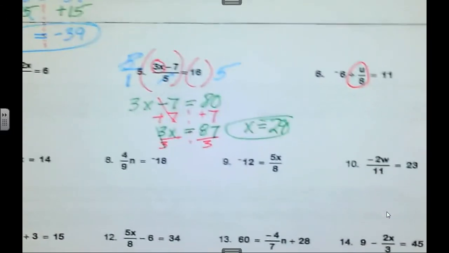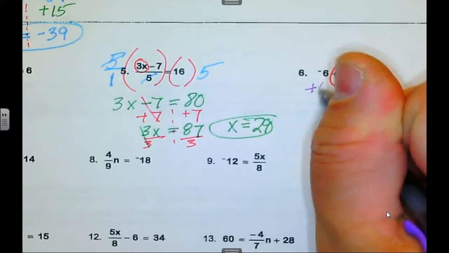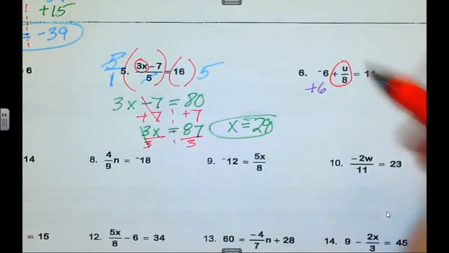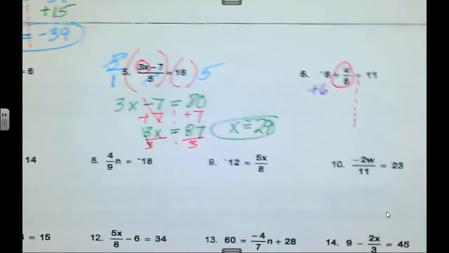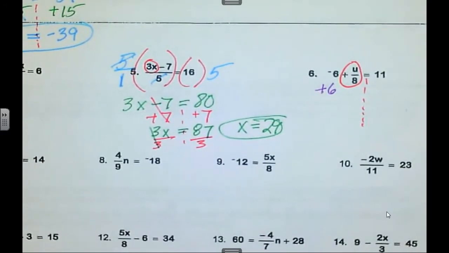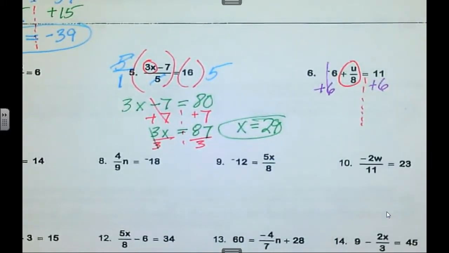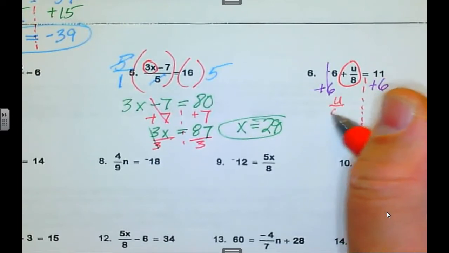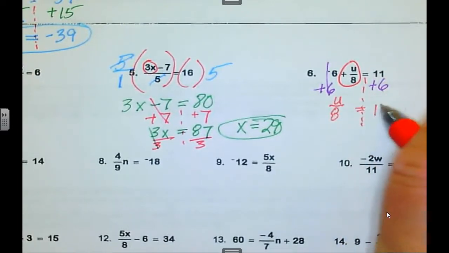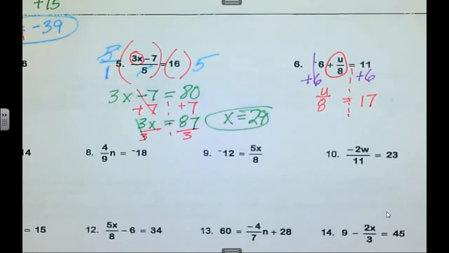So the first thing I have to do to get the fractional term by itself is, that's right, add 6 to both sides. I get u over 8 equals 17.